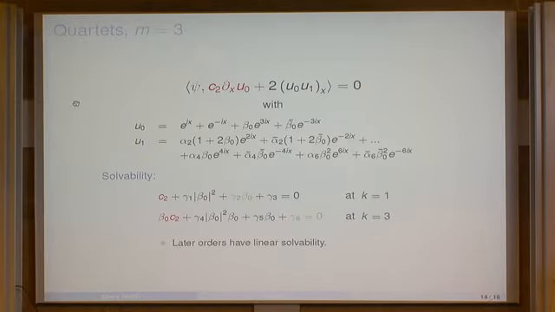So anybody who's tried to teach their calculus students how to do Lagrange multipliers recognizes that when you have a system of nonlinear equations and you try and solve them the wrong way, it gets more and more nonlinear. So to call this a cubic, it does have cubic nonlinearity, but it could really be as nonlinear as you want if you plug these in the wrong way. So I can no longer solve this explicitly, but it does have solutions. And if I find those solutions, then I can keep going, and the later orders have linear solvability just like they did before.